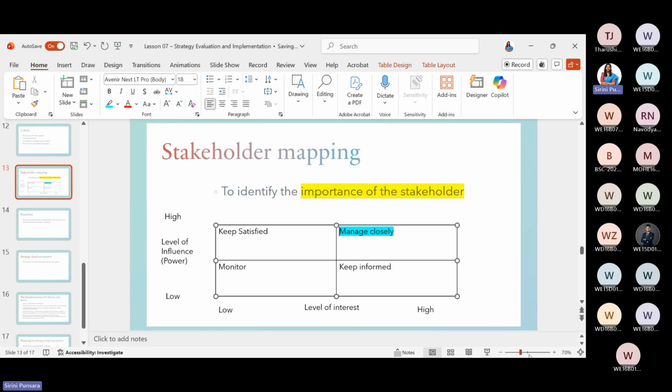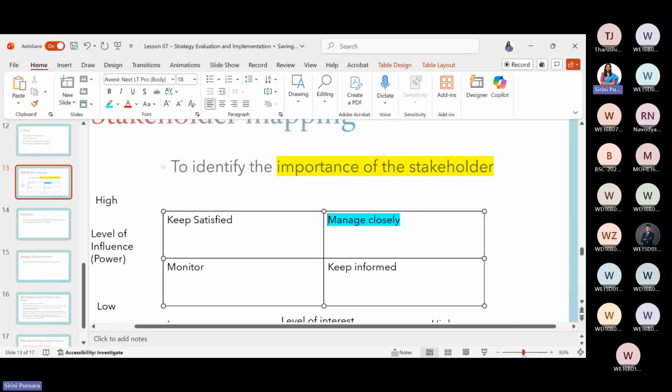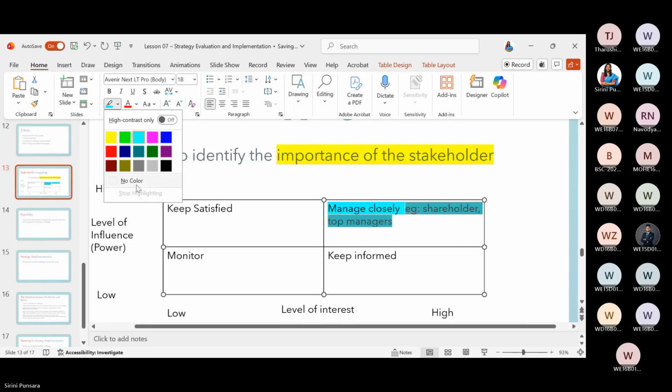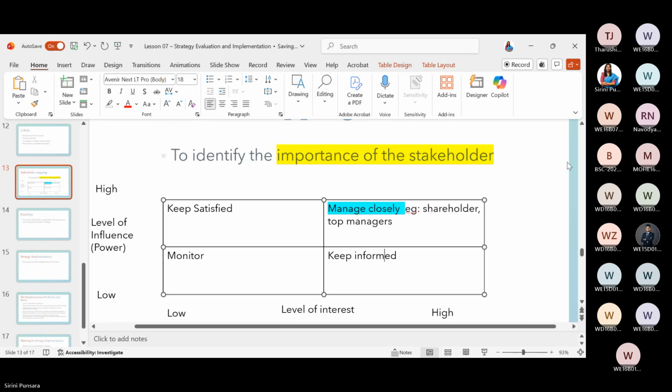When the power is high and the interest is high, they are the most important ones, so we have to manage them closely. Examples for this type of stakeholders will be mostly company shareholders, managers, top managers. These are the examples, the ones with more power and more interest. So it will be shareholders, top managers, simply those who are managing the company.